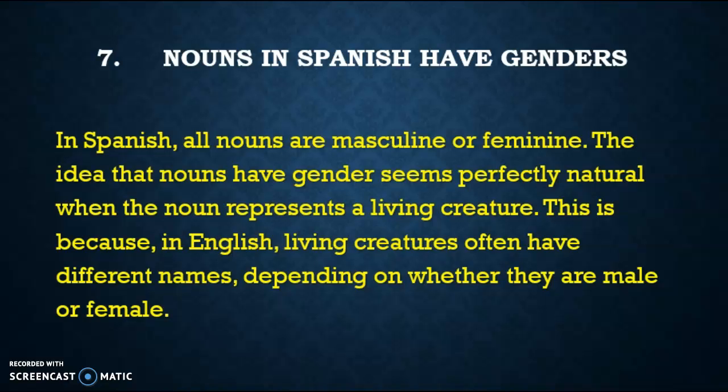For example, when we say la luna, el sol, we use the article la to refer to feminine gender, and we use the article el to refer to masculine gender, while in English you only use the for both genders. For example, when you say the president, we use the president to refer to masculine and feminine.